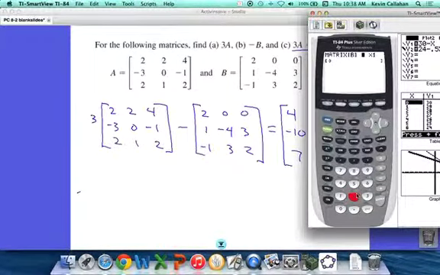Put in the order 3 by 3, and then fill in all those right over the zeros with the actual B. 2, 0, 0, 1, -4, 3, -1, 3, 2.